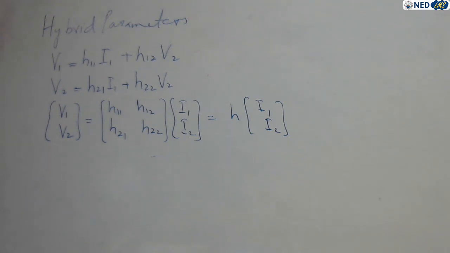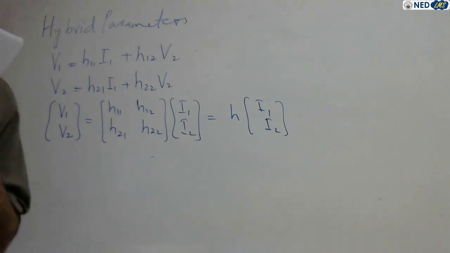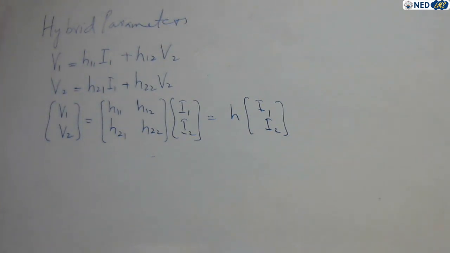As we move further, we will understand well. Hybrid parameters are very useful for describing electronic circuits such as transistors, and H parameters are much easier to measure experimentally.